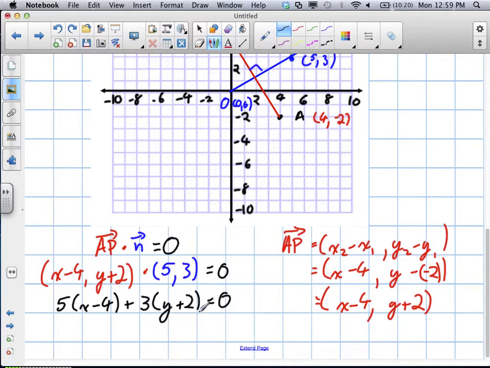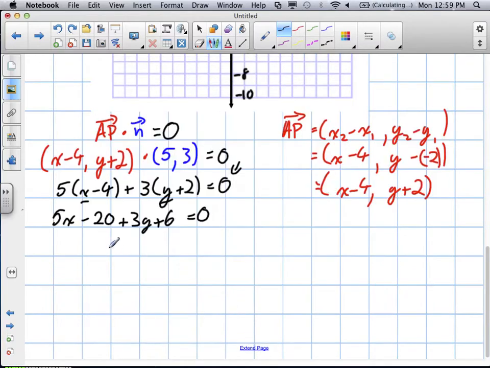Now we're going to put this into Cartesian form, something equal to 0, with a y and an x, and we'll probably end up with some final value c. When we distribute the 5, we get 5x minus 20 plus 3y plus 6 equals 0. That means we get 5x plus 3y, and negative 20 plus 6 gives us negative 14, equals 0.